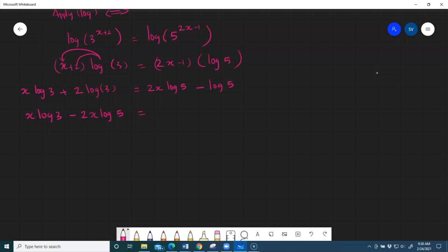Is equal to minus log 5, and here we have 2 log 3, so this is minus 2 log 3 minus log 5. In both terms on the left you have x common, so take it out, because our objective is to isolate x. So x times (log 3 minus 2 log 5) is equal to minus 2 log 3 minus log 5.